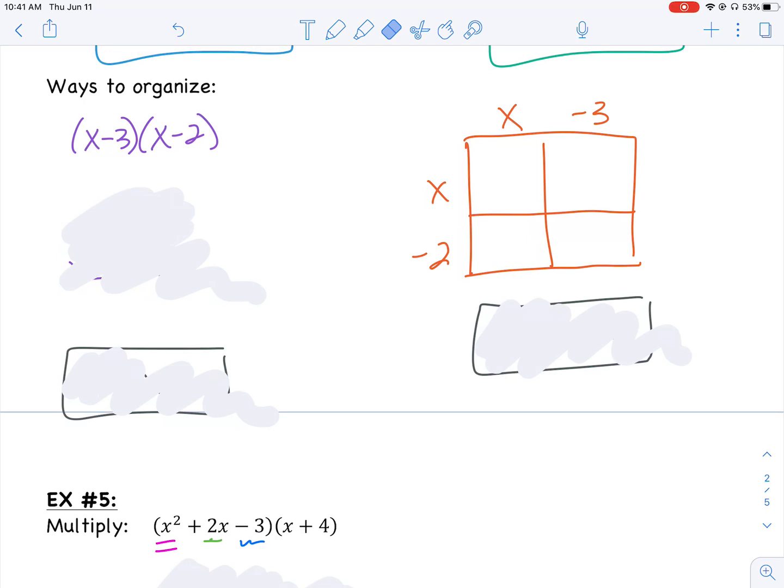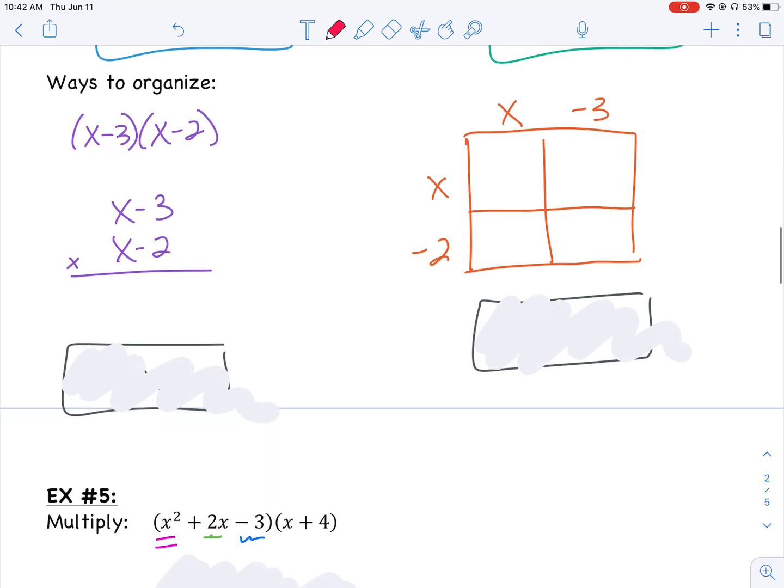For example, if I have x minus 3 times x minus 2, I have two binomials being multiplied. You can multiply it just like we did back in the day when we would multiply double-digit, triple-digit numbers together. You can take 2 times negative 2, times negative 3 and get positive 6.